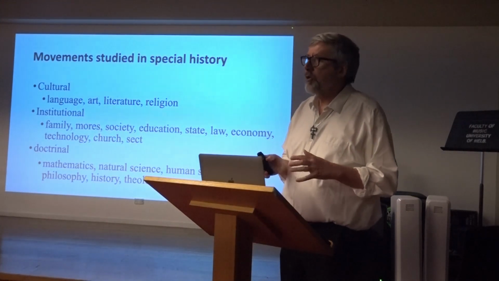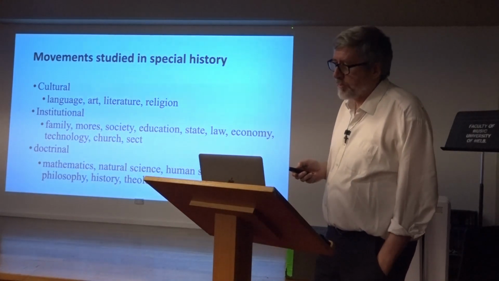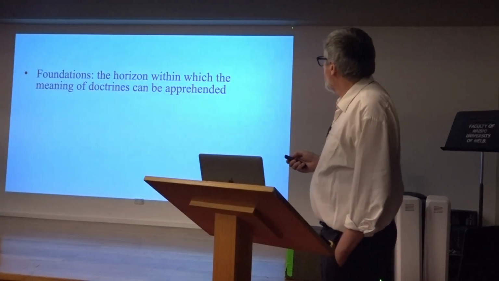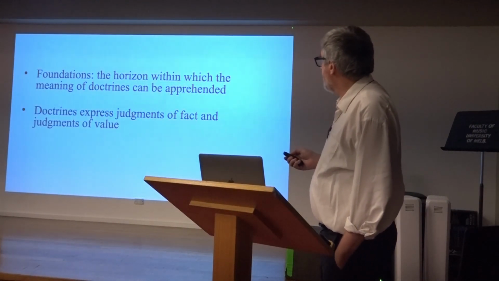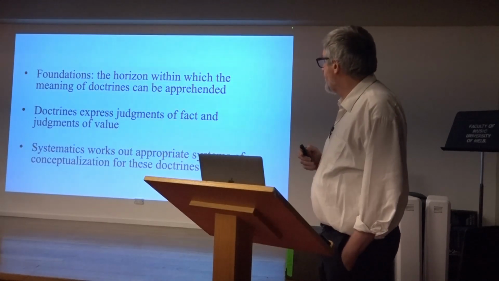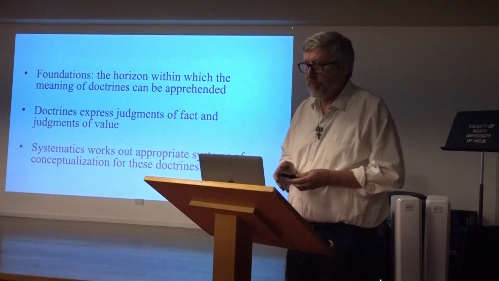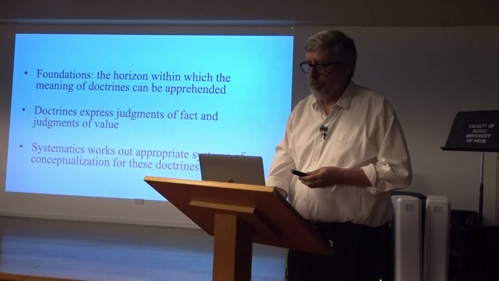At first glance, when Lonergan looks at the second phase specialties, the way he talks about them is more intimately linked to theology. Foundations, the horizon within which the meaning of doctrines can be apprehended, doctrines, expressing judgments of fact and value, systematics working out appropriate systems. That term doctrines keeps coming up, but as we've just seen, he includes many things under the area of doctrines.